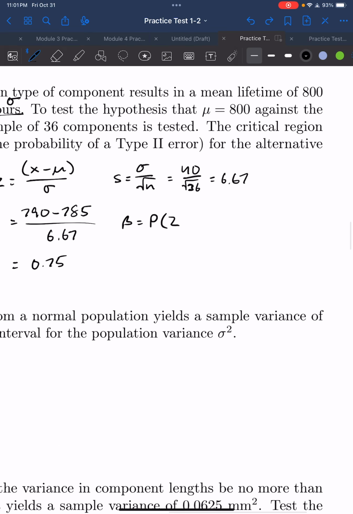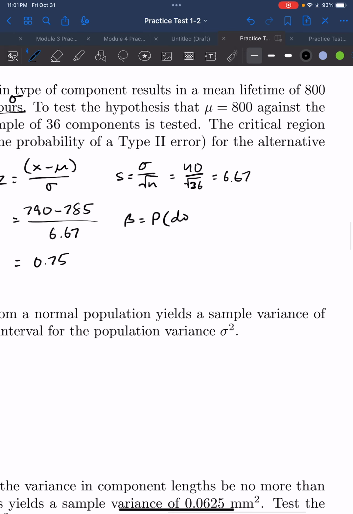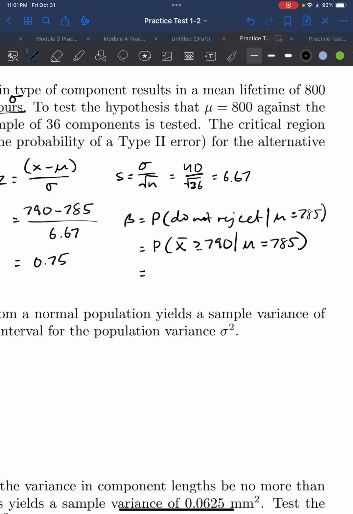So basically our type 2 error formula is do not reject, given that our mu is 785, and this is equal to the probability that our x bar is greater than or equal to 790, given that mu is 785, and so then we would just find the probability that our z is greater than or equal to our z-score, so that's 0.75, and then we can pull this up on our table.